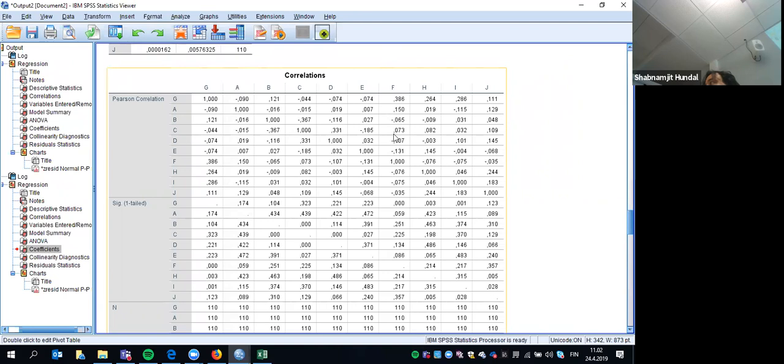Let's say f is highly correlated with h. It means that you have to run this model 2 times, one with f and one with h. F and h should not remain in the same model. Do you get my point?